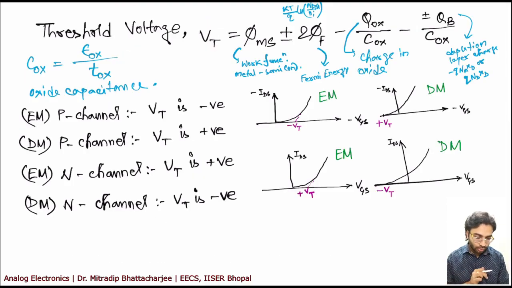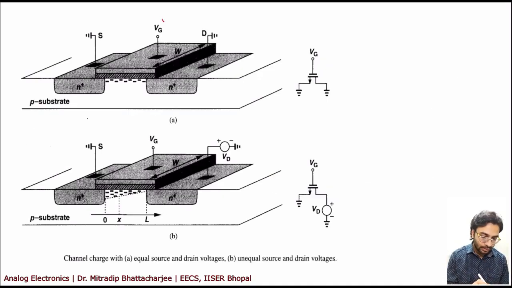So if you look at the device closely, you will find that this voltage is actually controlling the channel current. When you apply voltage at the gate, it actually controls the channel. It creates a field vertically, and that is what controls the current flowing horizontally.